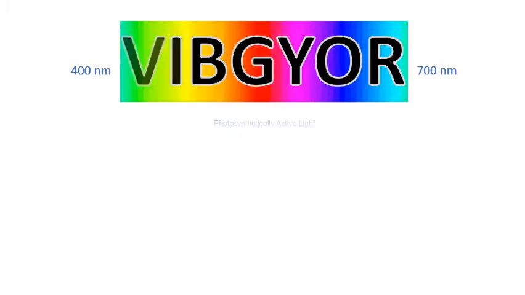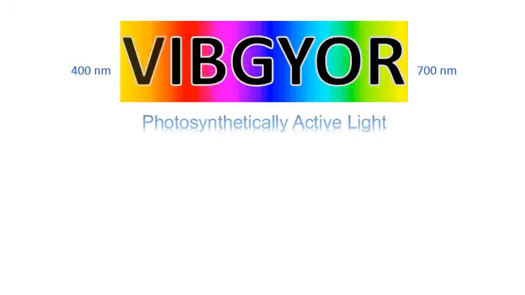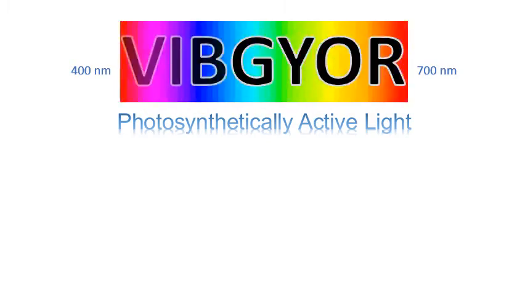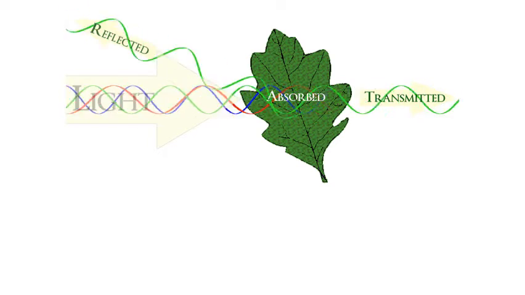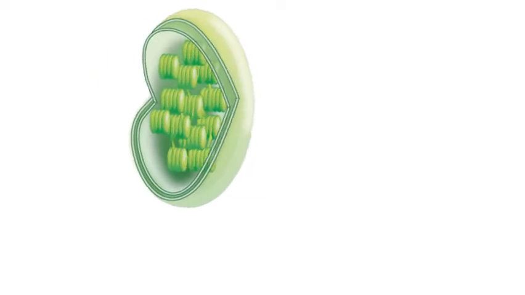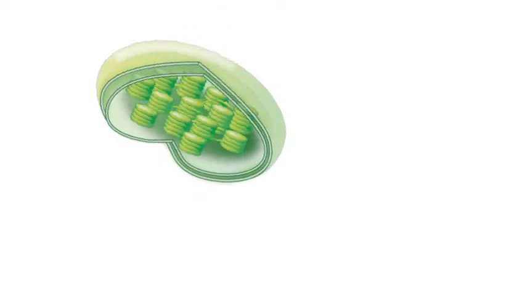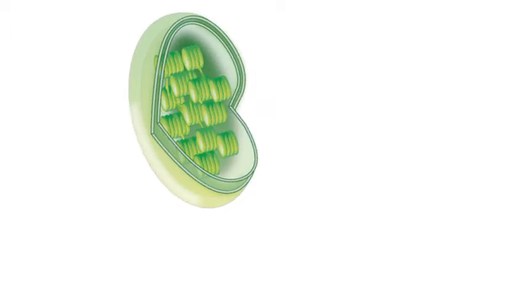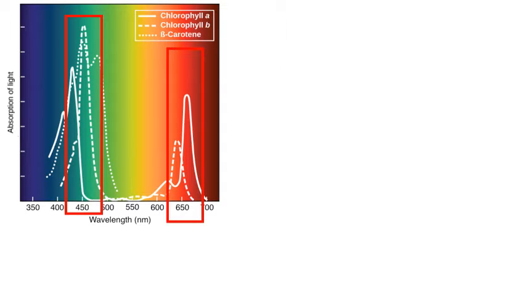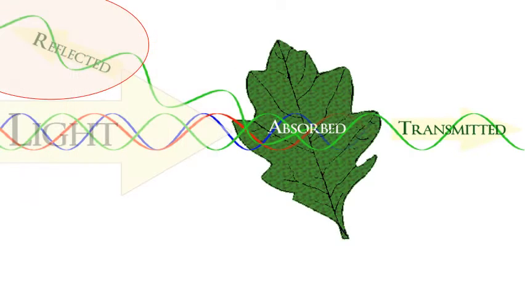This region is also called photosynthetically active light because it falls upon green plants, which contain chlorophyll pigment in each cell. These absorb the photosynthetically active light, especially in the blue at 430 nanometers and also at 672 nanometers. Green light is reflected strongly, so the plant looks green in color to our eyes.